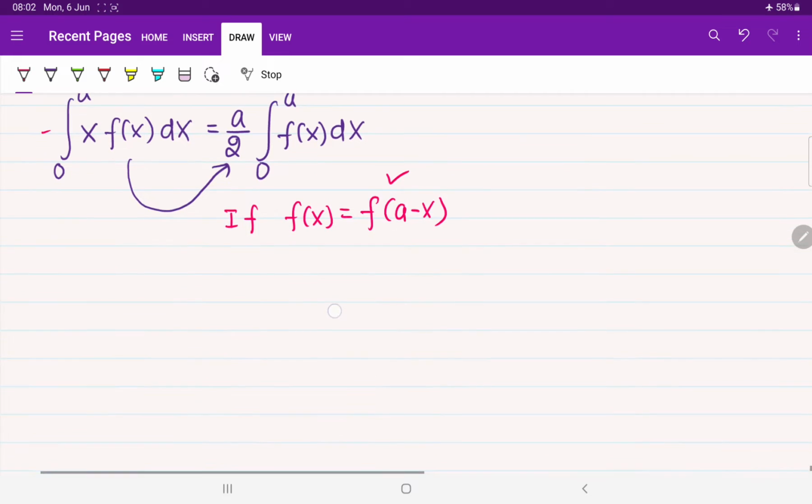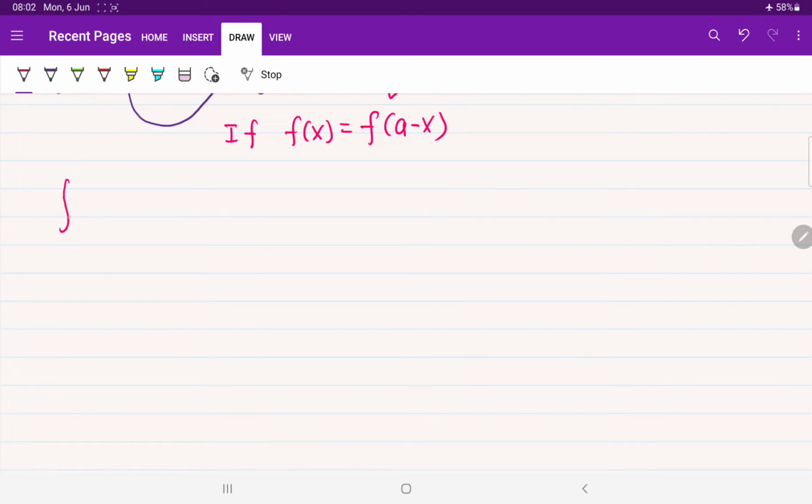Shall we check? Yes. For us, the given function is the integral from 0 to 2 pi of mod of x into sin x into dx. Before proceeding further, we know x is always positive from 0 to infinity. Last lecture we understood this, so directly you can take x outside from the mod.